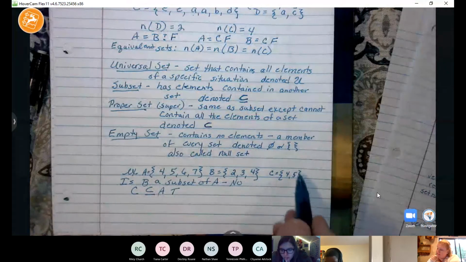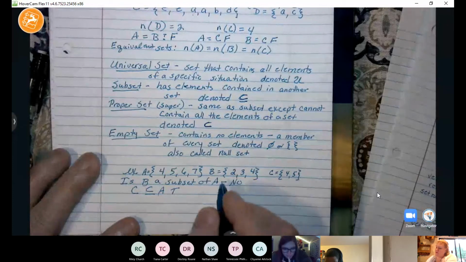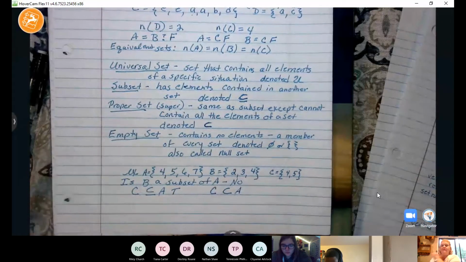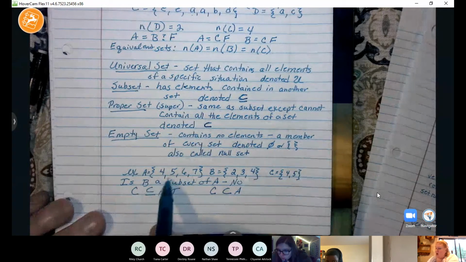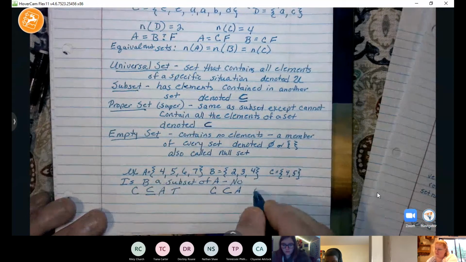All the elements of C are in A. So that is true. True or false? C is a proper subset of A. In other words, can a proper subset also be a regular subset? Yes, it can. All the elements of C are in A. It is not all the elements of A, so it is also a proper subset. So that is also true.